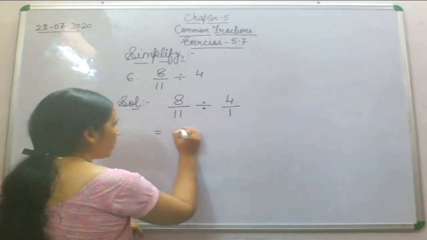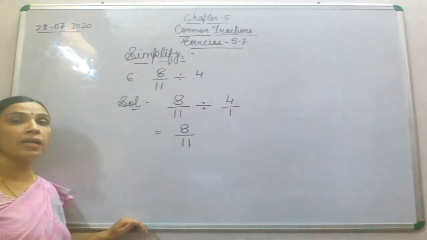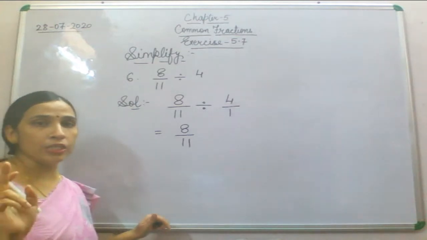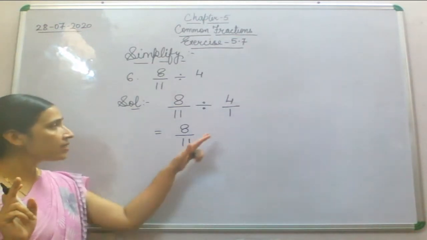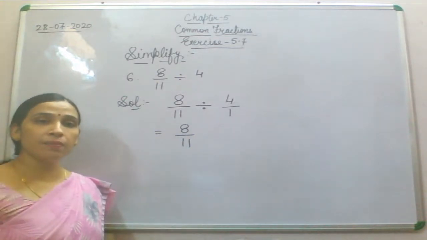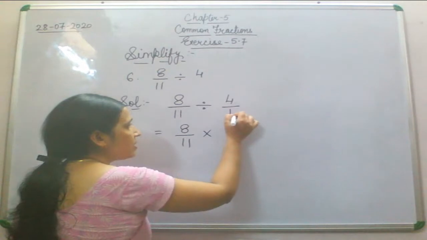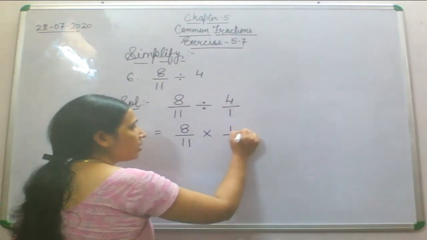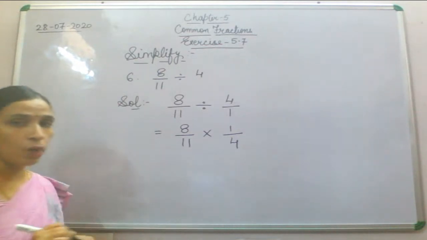Now the next step is that division will be changed into multiplication. When you change the division sign into multiplication, the fraction which is after division will become its reciprocal, or the denominator will come to the numerator, and the numerator will go into the denominator.